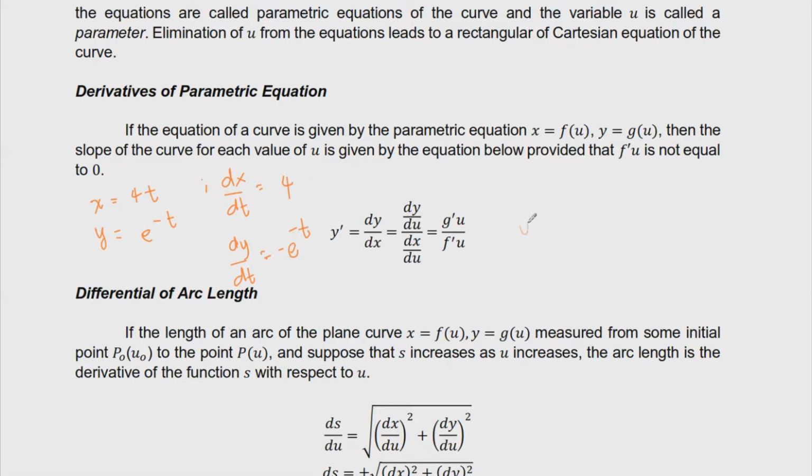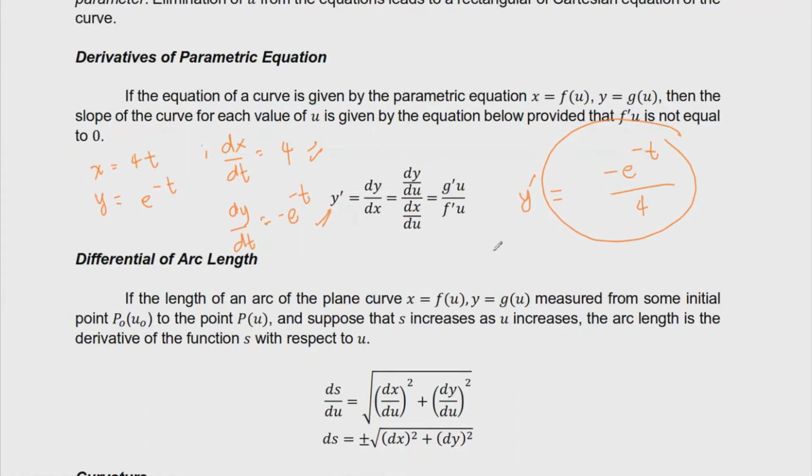Therefore, the slope is the expression from y divided by the expression from x. So we have negative e raised to negative t divided by 4. This is the slope of that parametric equation.